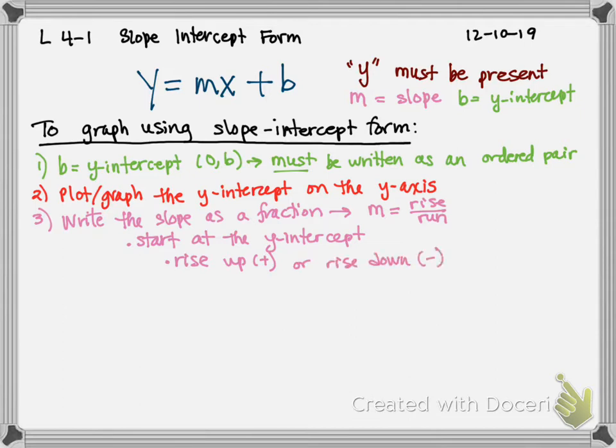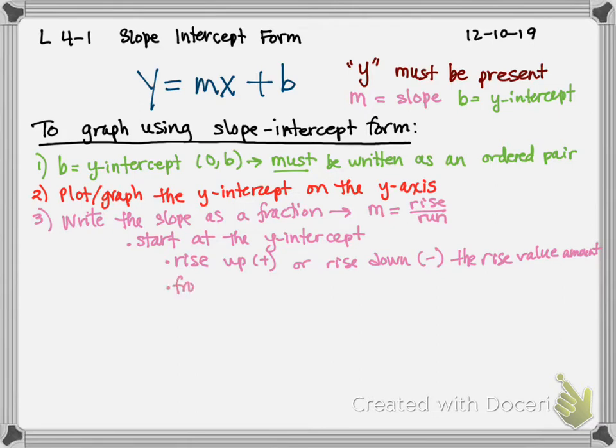So I think I've mentioned this before. When I write my slopes, I always put my sign in my numerator. That way I'll always run right if I'm doing rise over run. Okay? So rise up if it's positive, or rise down if it's negative, the rise value amount. So if it says a rise of 3, I'm going to go up 3.